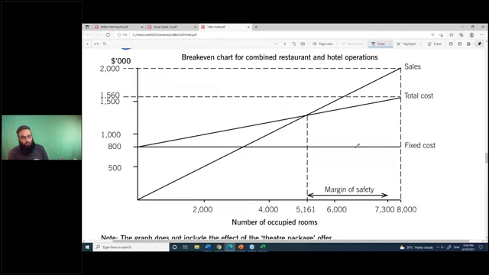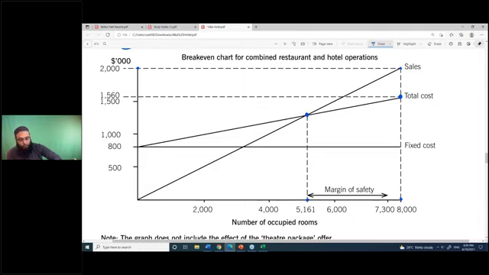So the maximum rooms that they have used here as an example is 8,000, where you will earn 2 million revenue. And on the basis of this 8,000, your total cost will be 1560. Okay. What is this?